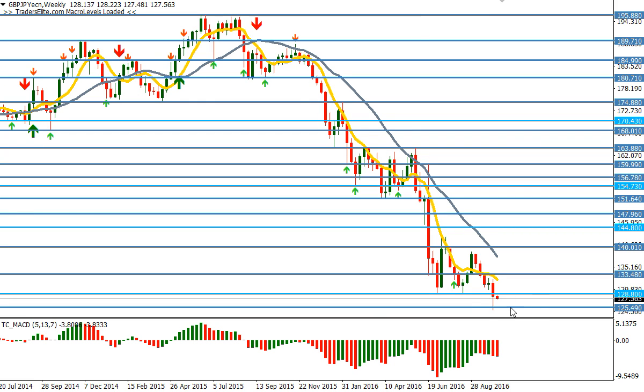There's no signal here. There's no clue that the weekly is even turning around, particularly like the dollar yen so far. So the pound is certainly weaker, but we really are in oversold zones.